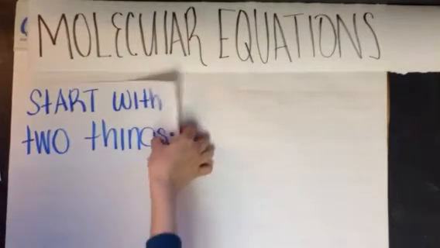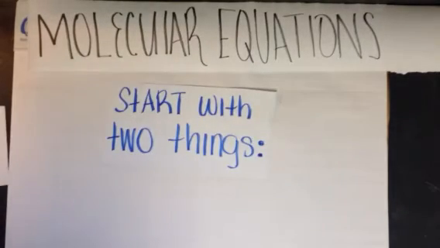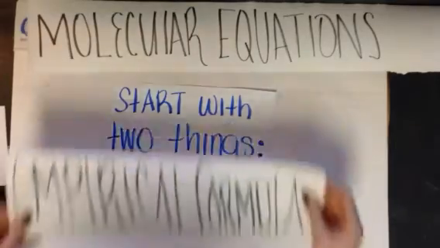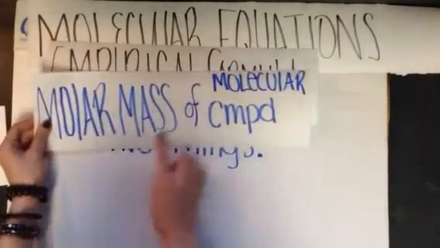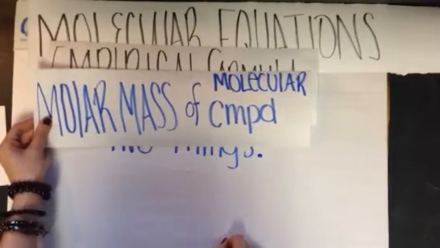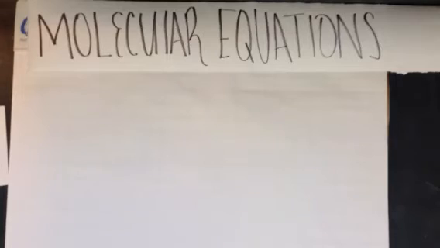So again, these are the two things you need to start with. If you don't have these two things, then you're really not going to know how to do them. Again, the empirical formula, so you can get the mass, and the molar mass of the molecular compound. Our goal is to find the molecular equation.